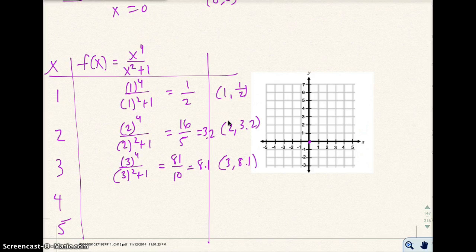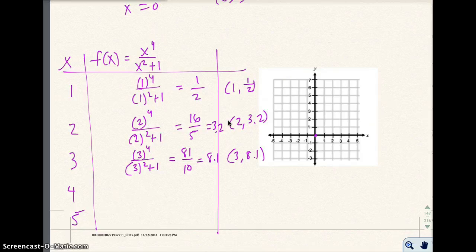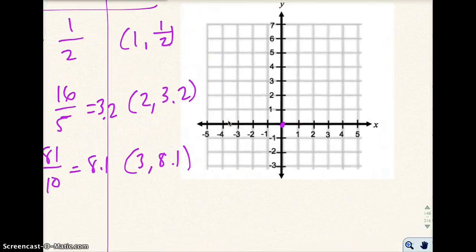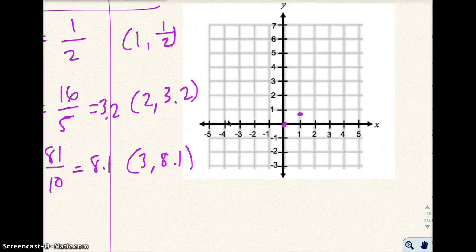At this point, I think I run out of graph paper, so I'll plot these points. I have 1 and a half, 2 and 3.2, and 3 and 8.1 would be up here somewhere.